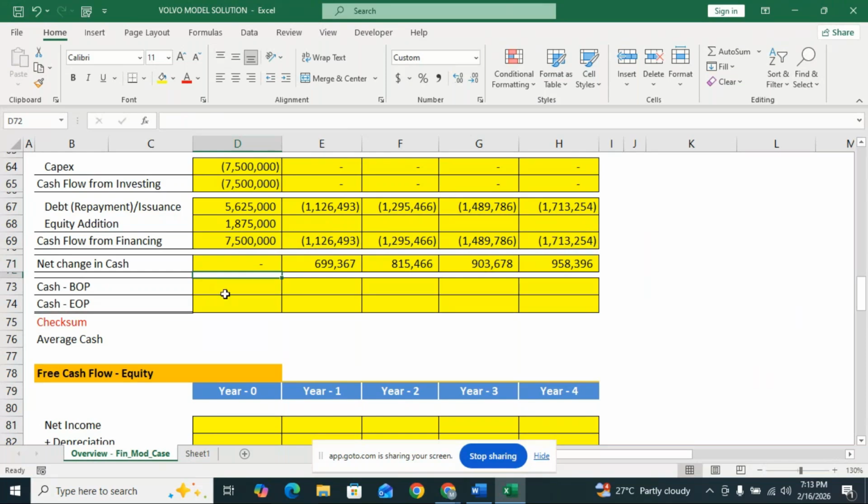So once you're done with net change in cash, you have to arrive at the beginning of the period, BOP. So beginning of the period for year 0 it is nil, so it equals 0. And for year 1, the same procedure. What is at the end of the year, and for this also the same procedures we have.